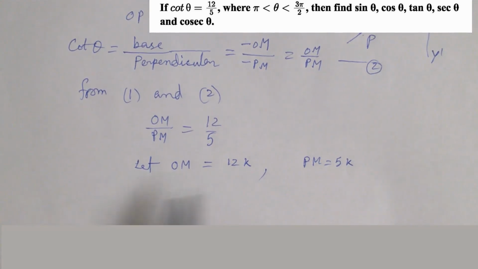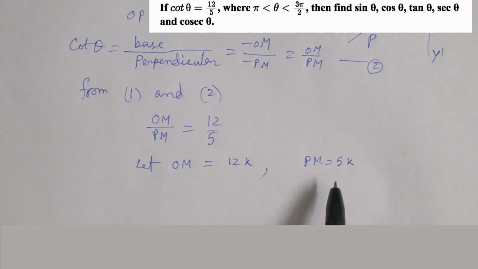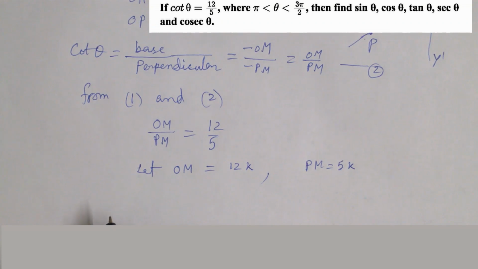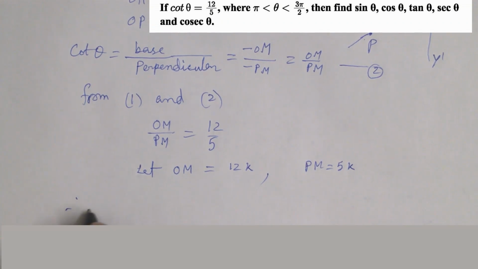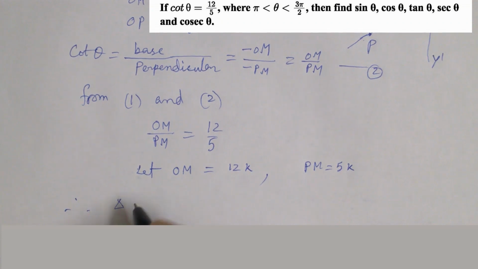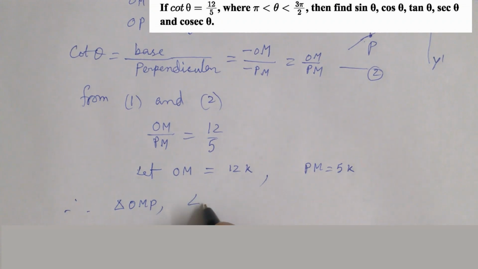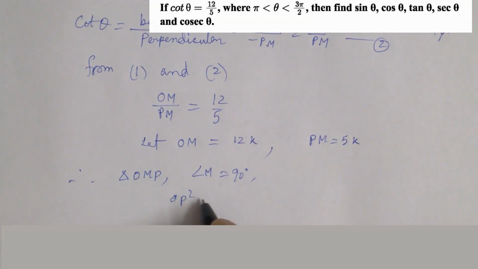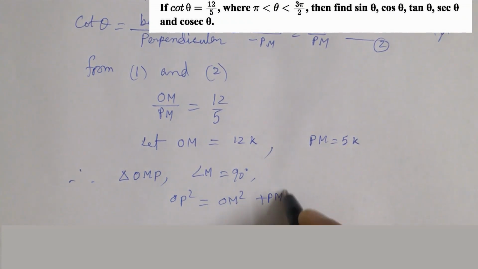From these given conditions and from the geometry formula for a right angle triangle, hypotenuse square is equal to base square plus perpendicular square. Therefore, from right angle triangle OMP, right angled at M, OP square is equal to OM square plus PM square.